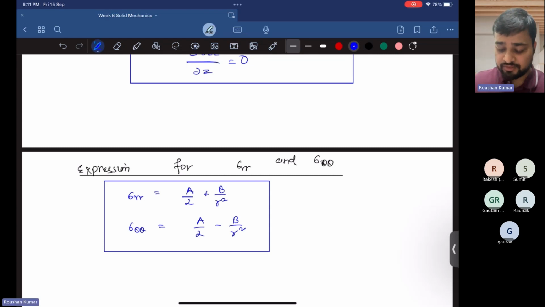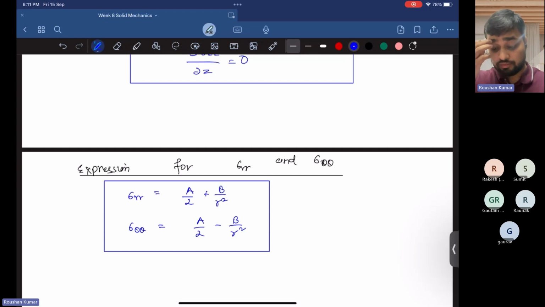And suppose we consider a thick hollow cylinder where r1 is the inner radius of the cylinder and r2 is the outer radius of the cylinder, and r2 by r1 is less than 10. That means this is not a case of the thin cylinder.